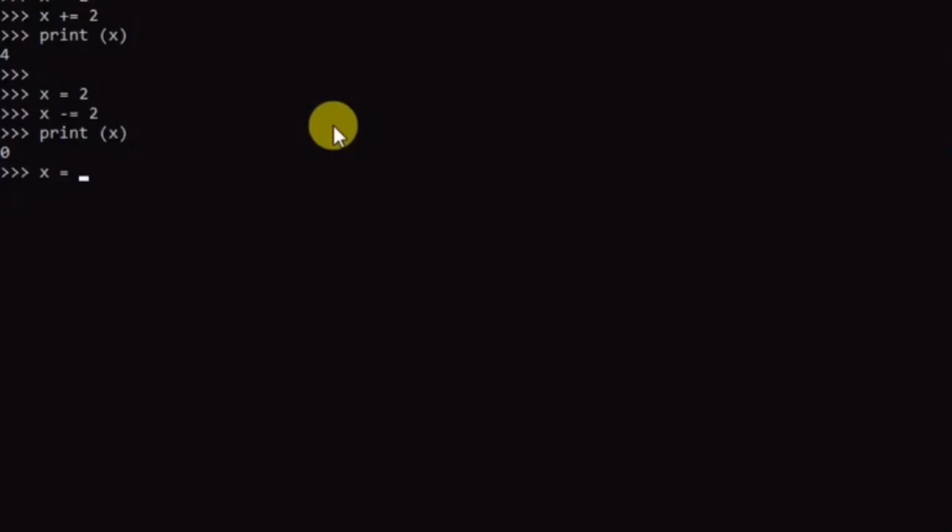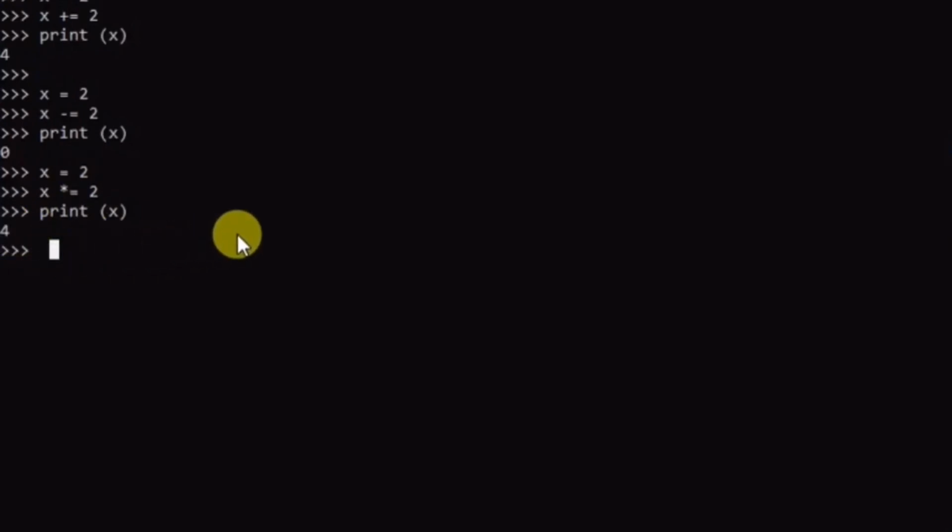The next one is x equals to 2, and then x with the multiplication operator, equals to 2. So 2 into 2 is the multiplication. Now we print the value of x, that is 4, 2 multiplied by 2 is equals to 4.